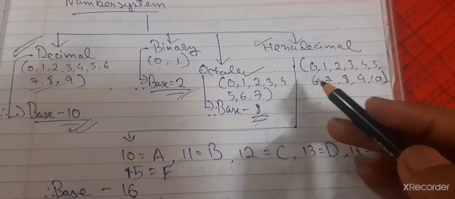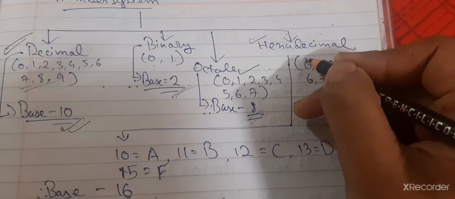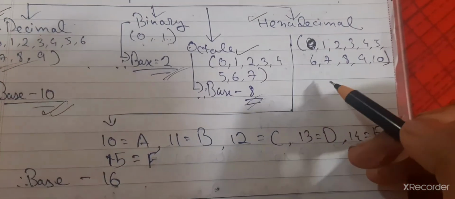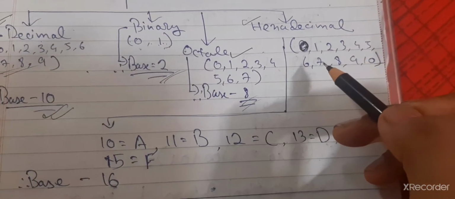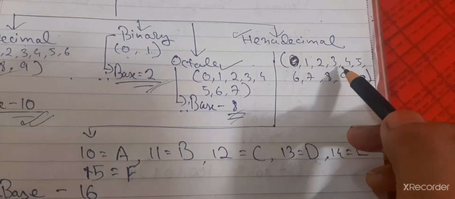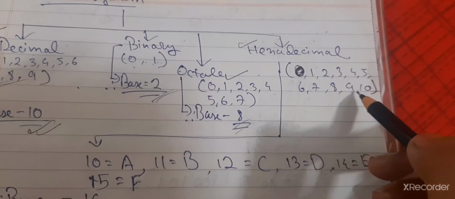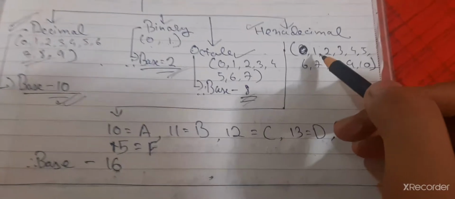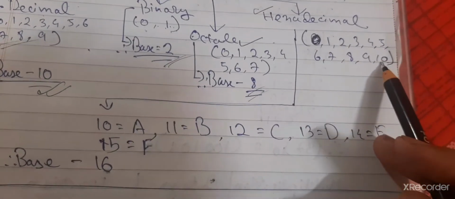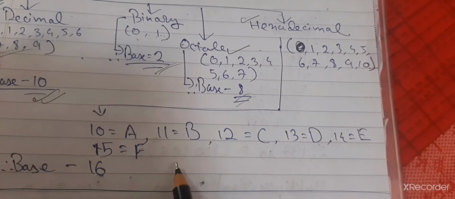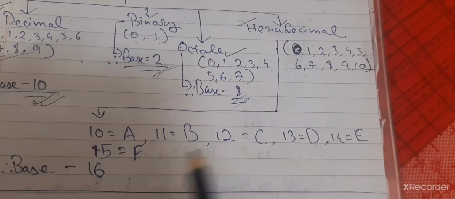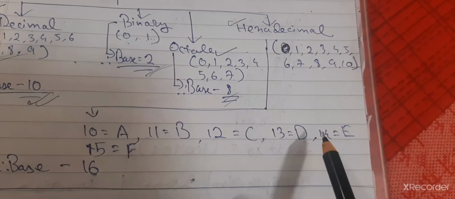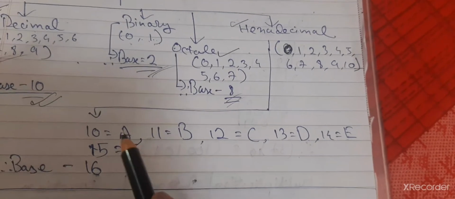Then we come to hexadecimal. Hexadecimal consists of 16 digits representing numbers, that is 0, 1, 2, 3, 4, 5, 6, 7, 8, 9. Also, the double digit numbers like 10, 11, 12, 13, 14, 15 are represented by A, B, C, D, E, F respectively.